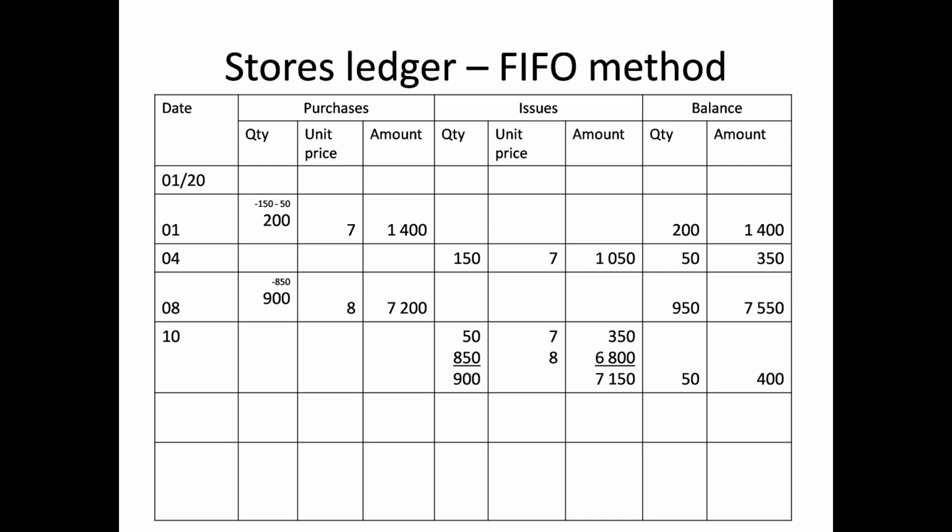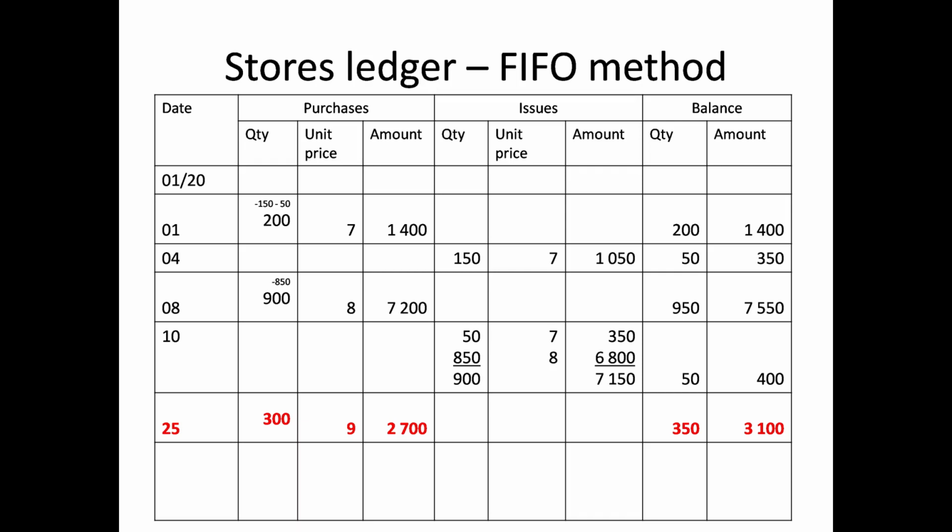25th of January, purchases 300 units at 9 rupees each. Then under date 25, under purchases quantity 300, unit price 9, amount 300 multiplied by 9, 2700. Now update the balance.